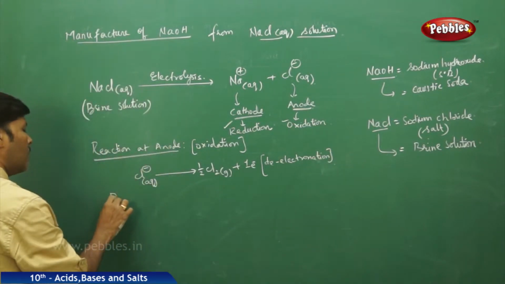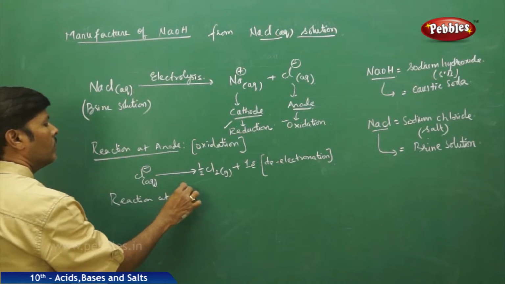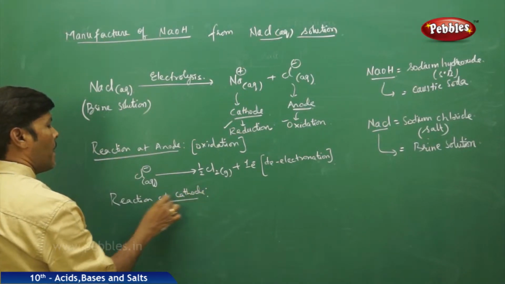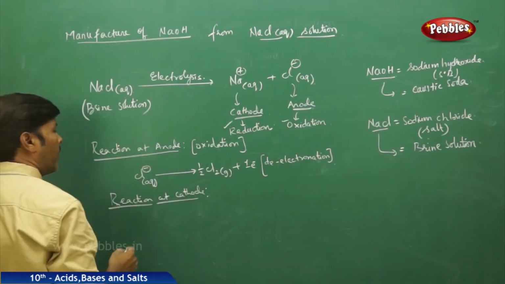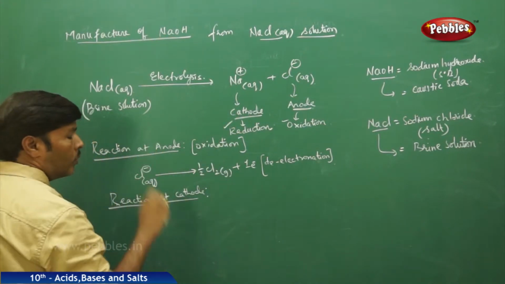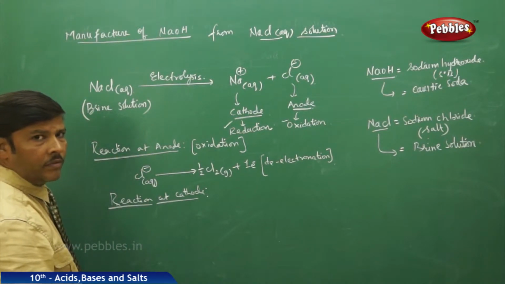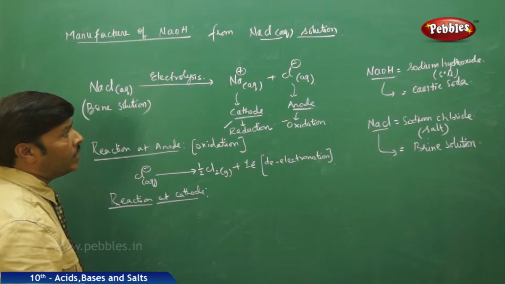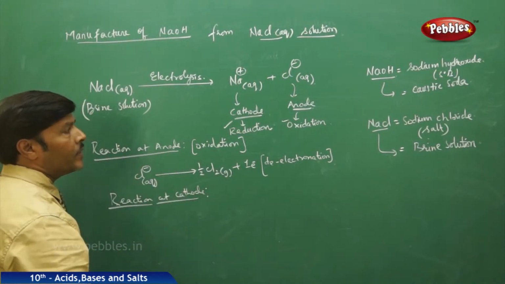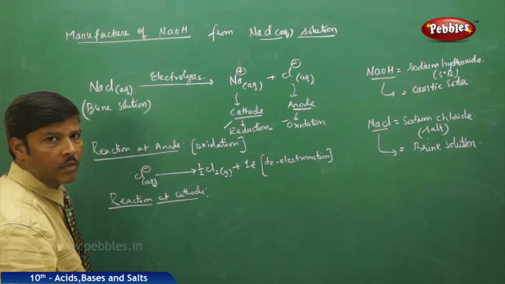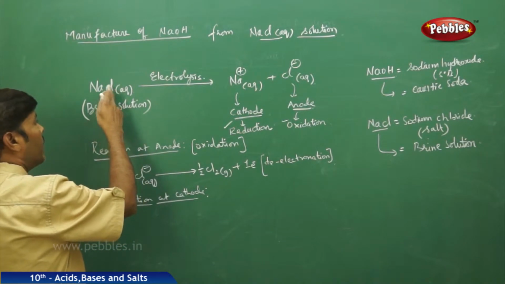Now the reaction at the cathode. Na+ ion will not participate in the reaction because its electrode potential in the reactivity series is less than the hydrogen electrode potential, so it cannot directly undergo reduction.